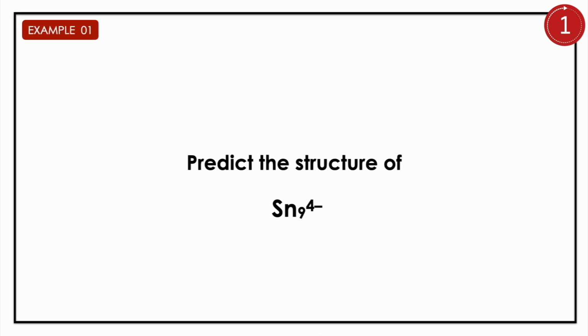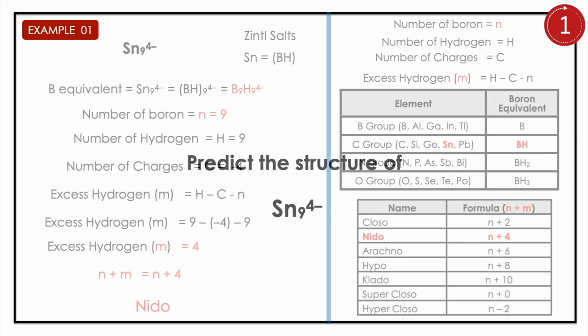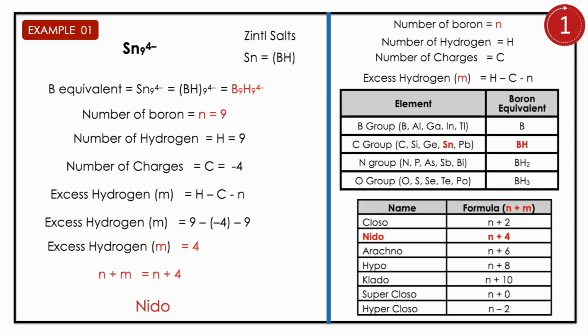Here is the first example. Predict the structure of Sn9 4 minus using Wade's rule. Here a metal cluster is given, that is a Zintl salt. We should write the boron equivalent to find the structure. Tin is in the carbon group, so the equivalent will be BH. So Sn9 4 minus becomes (BH)9 4 minus, that is B9H9 4 minus. It becomes a simple borane, so we apply Wade's rule.